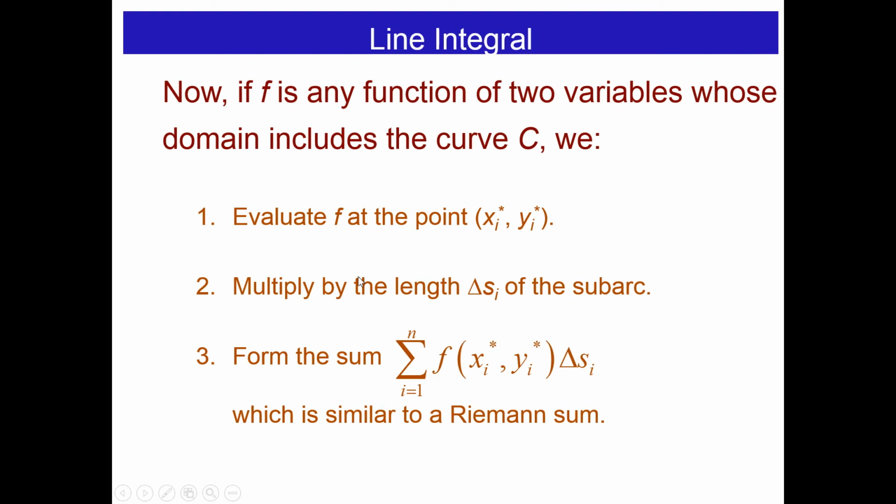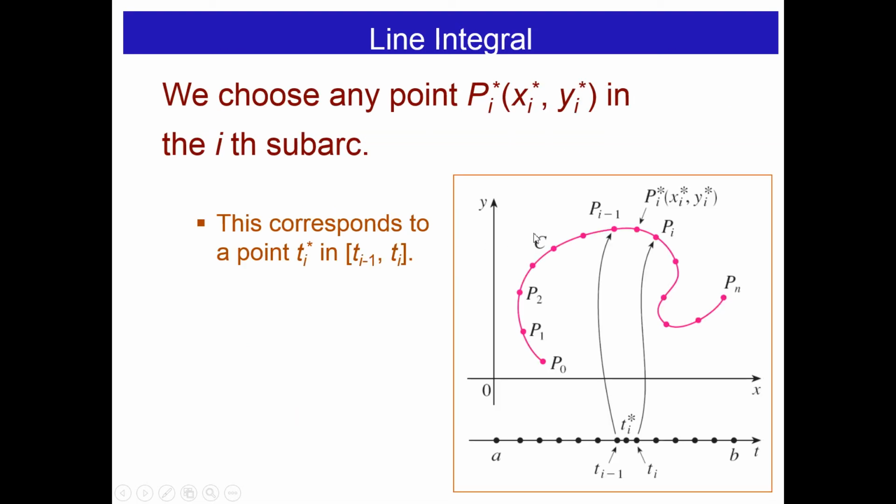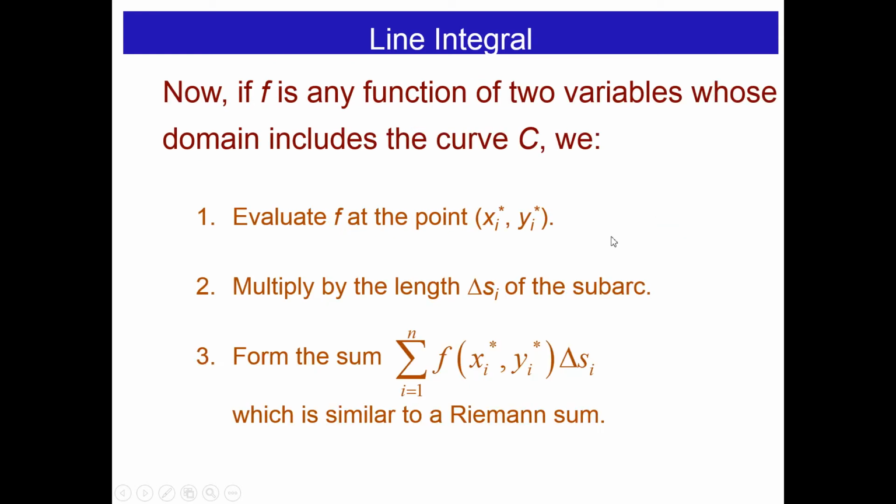Now what we are going to do is find the values of f at (x_i star, y_i star), that is at all such points P_i star. Then we multiply by the length of the sub-arc delta s_i, and add all these products, similar to a Riemann sum.